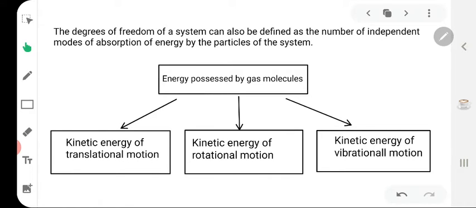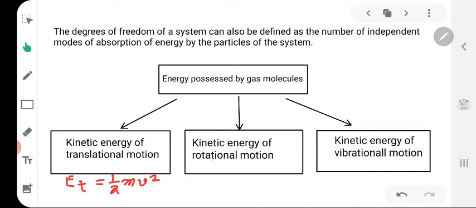A gas molecule possesses kinetic energy of translational motion due to its linear motion. This is given by Et equal to half mv square, where v is the linear velocity of the gas molecule.